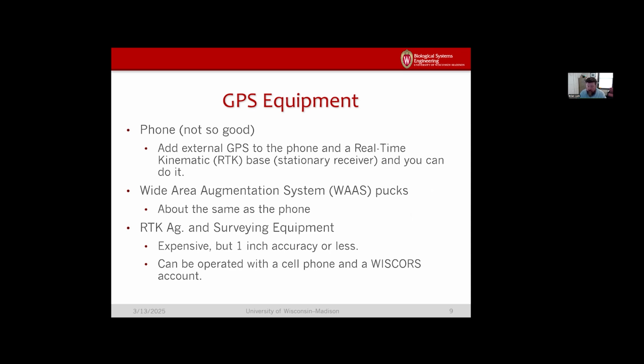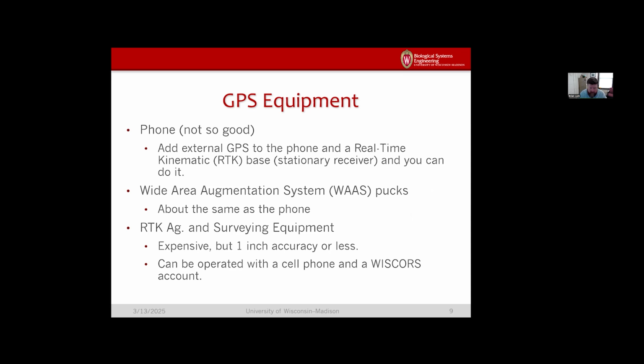One of the things about real-time kinematic or RTK GPS is if you don't have some sort of subscription that you apply for and pay for, every time you want to use it, you have to set out a base station, which is just another receiver that we leave stationary with a radio attached to it.